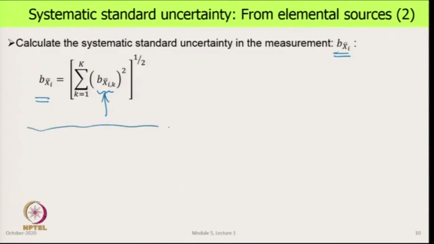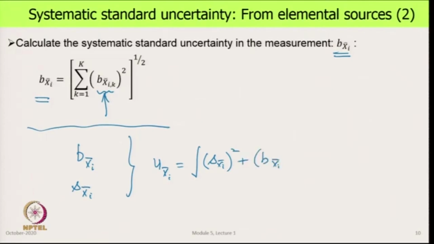So, with this operation we also get Bxi bar. From an earlier operation we had got Sxi bar, and we then combine these to get Uxi bar, which is nothing but the square root of the sum of the squares, Sxi bar squared plus Bxi bar squared. And that is what we were wanting.